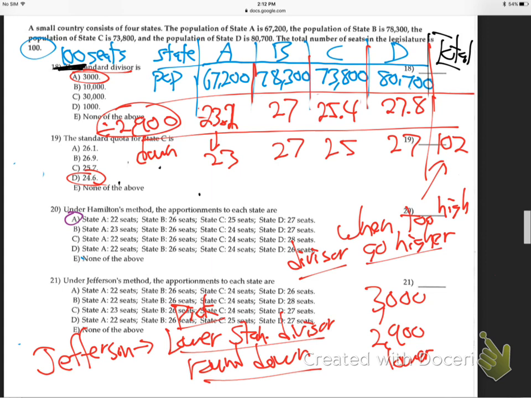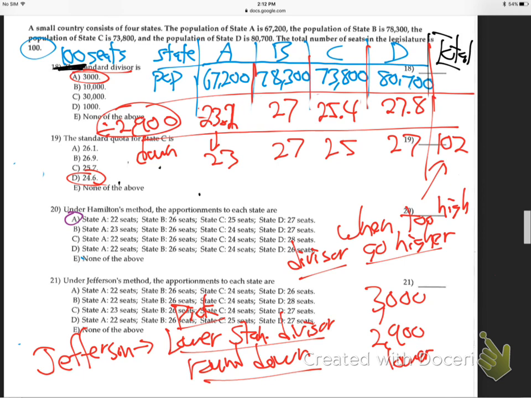If you divide by a bigger number, it makes numbers smaller, right? So if this is too high and you need to bring it down, you've got to divide by more. That's important to know for all three methods other than Hamilton. We don't mess with this with Hamilton. But for Jefferson, Adams, and Webster, in all three of those methods, you're going to have to play this game of dividing by higher and lower numbers. So you really need to know that. Absolutely crucial. If it's too high, go higher. If it had come out something like 98, too low, I would have gone lower on my divisor.